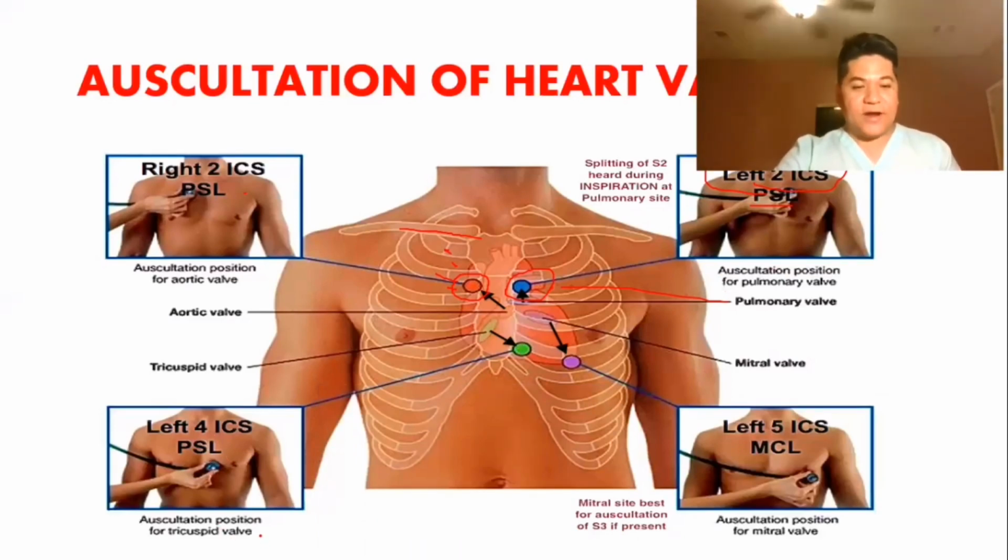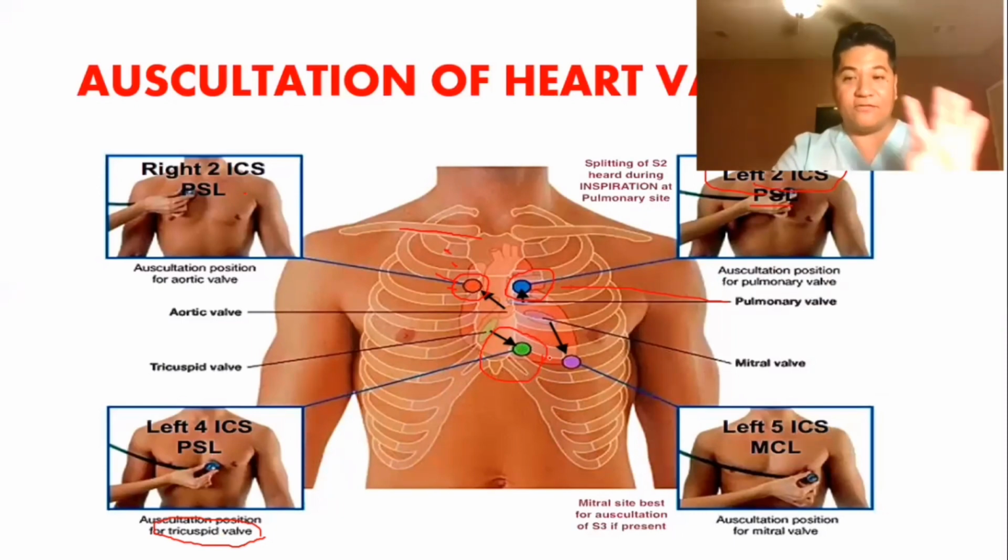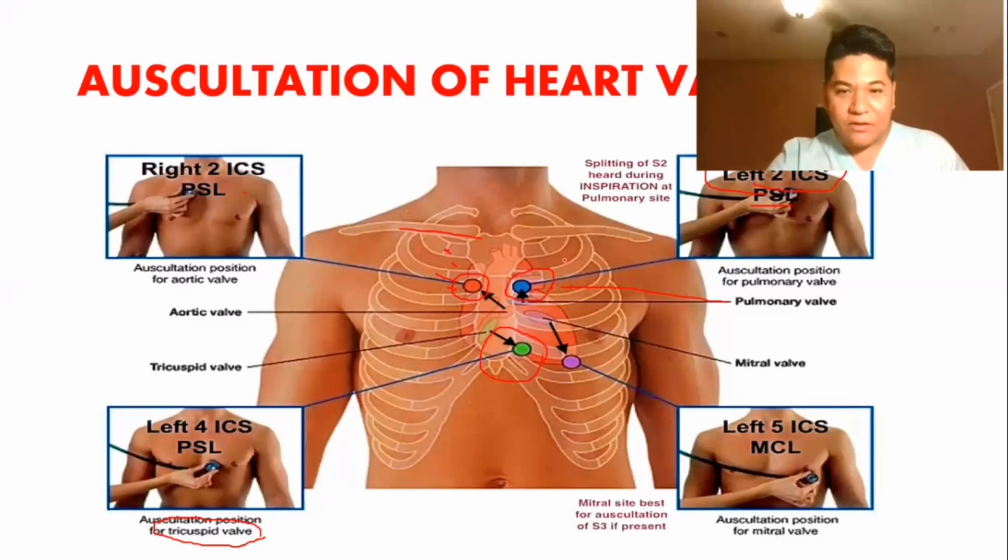Then next is your tricuspid valve. To auscultate the tricuspid valve, since it is a little bit more inferior, it is at the left fourth intercostal space. It is located mostly on the left side of the body, on the fourth intercostal space. 1, 2, 3, 4.